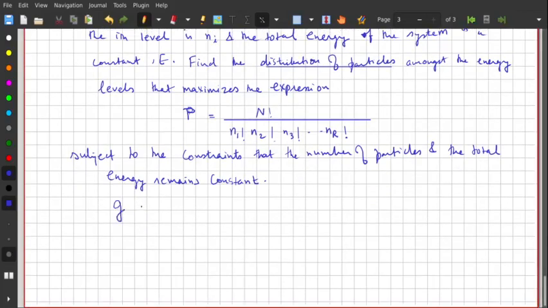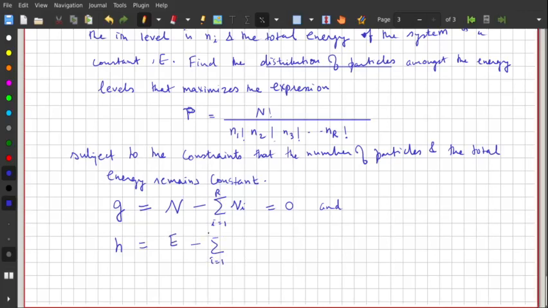Let's write G equals N minus the sum over i equals 1 to R of n sub i, and that condition needs to be true. That's one constraint. And the other constraint is H equals E minus the sum over i equals 1 to R of n sub i E sub i equals 0.